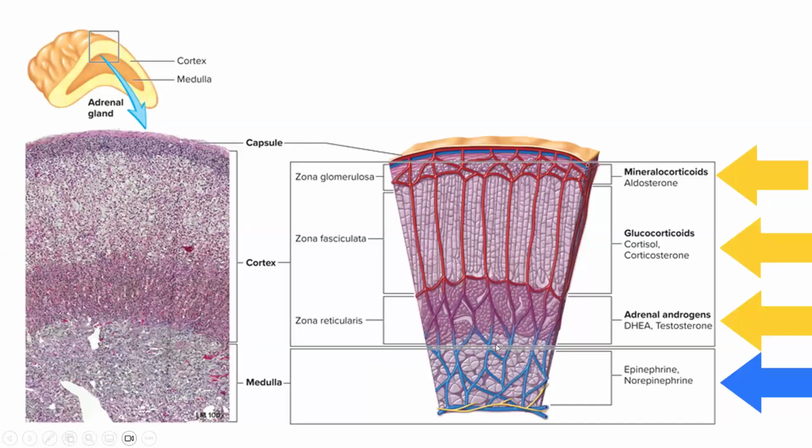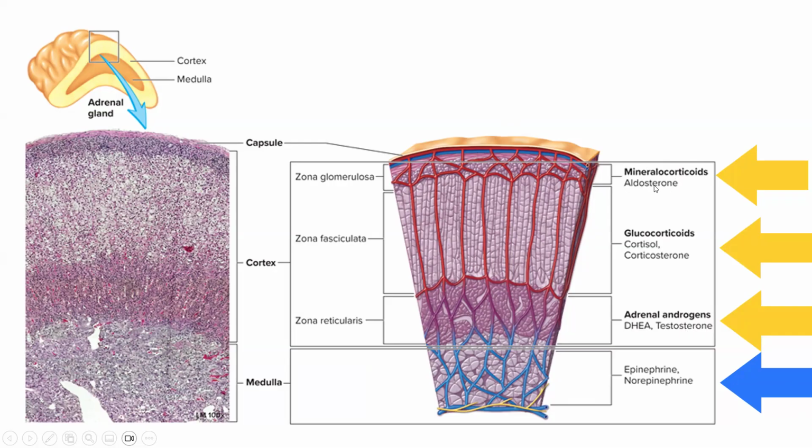All right, this blue arrow here is pointing to our adrenal medulla. Think M for medulla, M for middle, and that contains epinephrine and norepinephrine. When we go out to the cortex, we have a few different layers. Going from superficial to deep, outside to in, we have the mineralocorticoids from the zona glomerulosa.